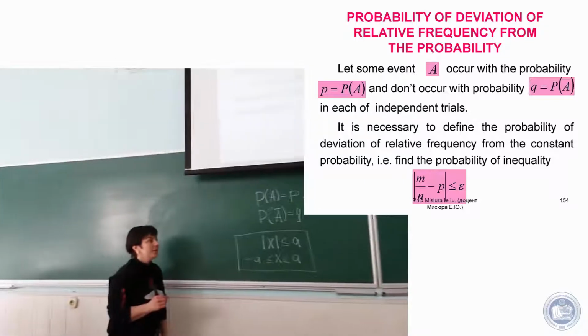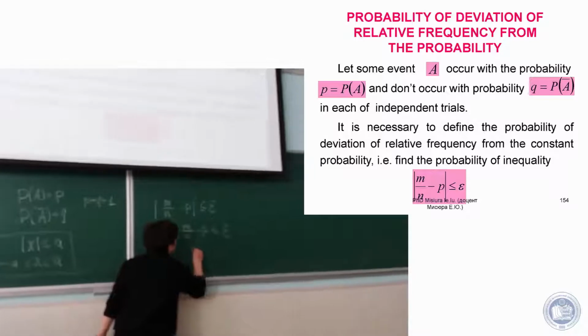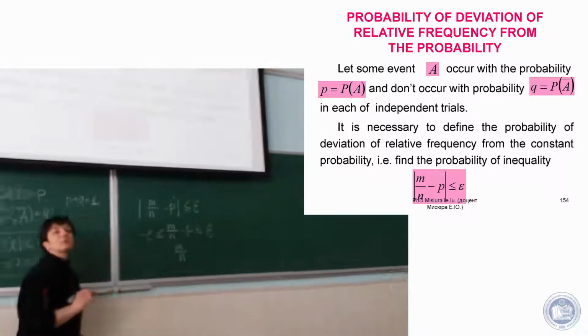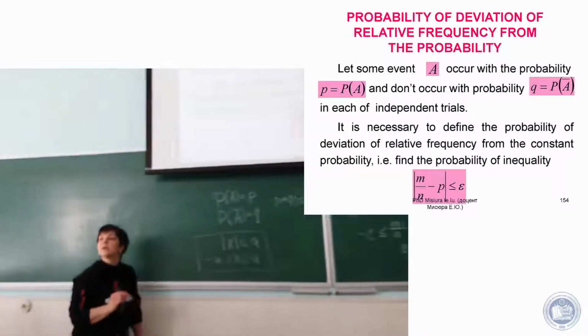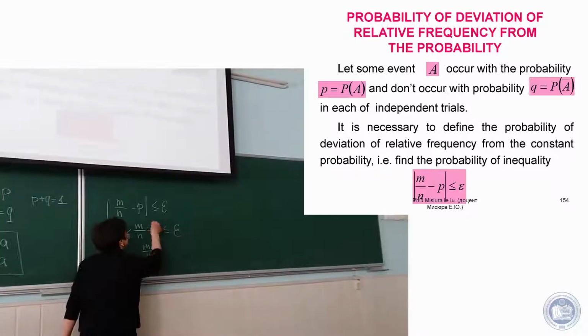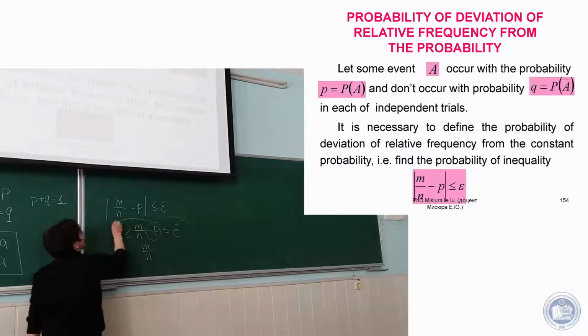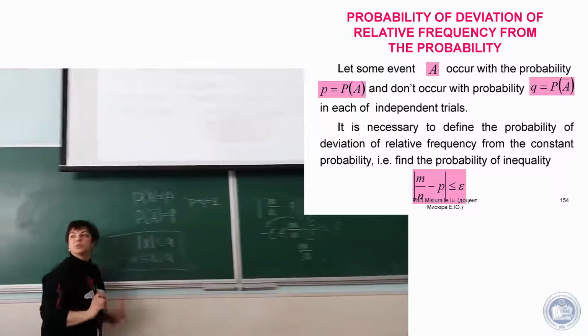Students, how to find limits for m over n? How to express m over n? We have negative p, yes? Let's take negative p and move to both sides, то есть отправляем сразу в обе стороны.